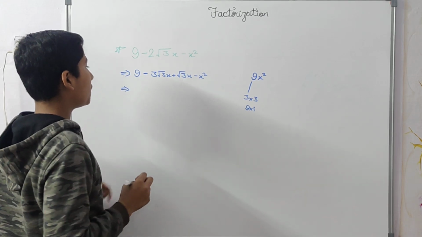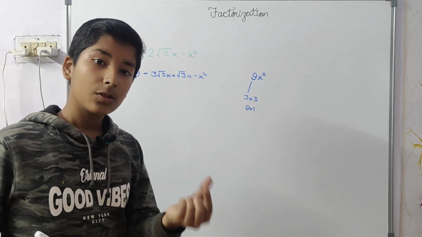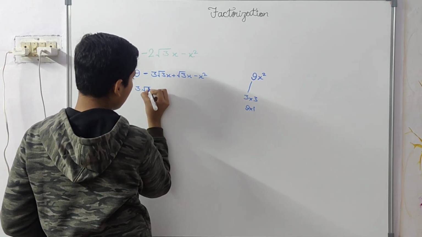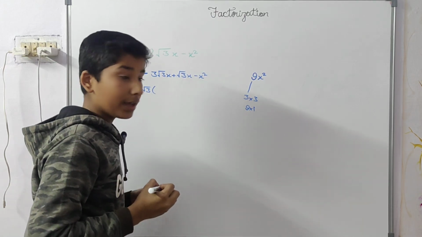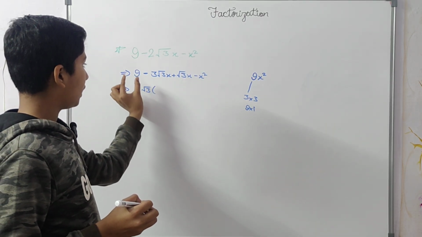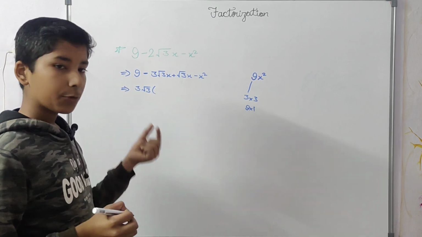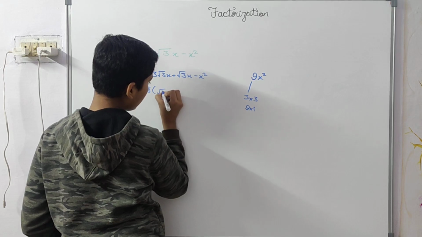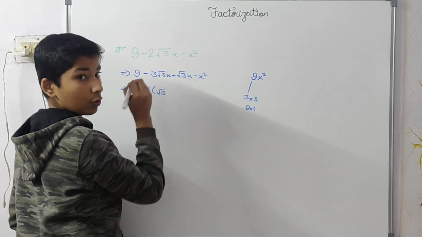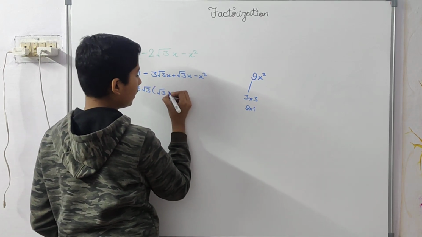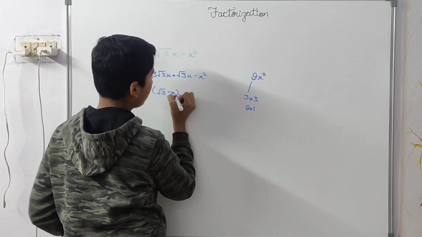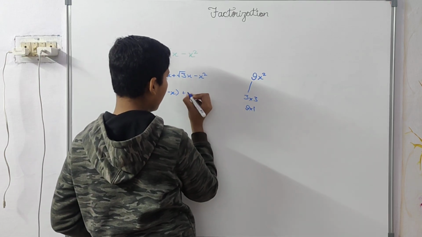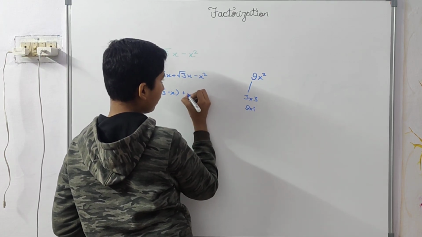Now if you take common, you will think 3 is common, but common is 3 root 3. Why? Because 3 root 3 into root 3 will be 3 into 3, hence 9. So root 3 will be left. Now what is left over here? x is left over here because 3 root 3 we have taken common. Plus again x common.